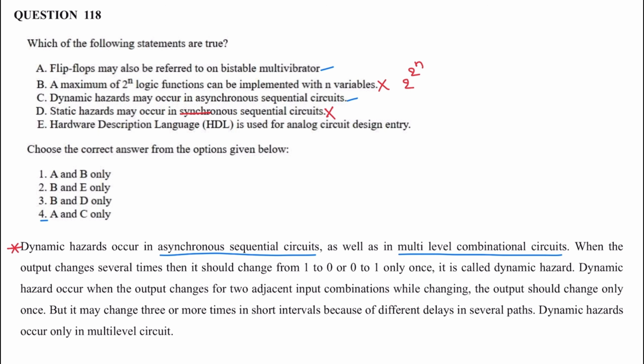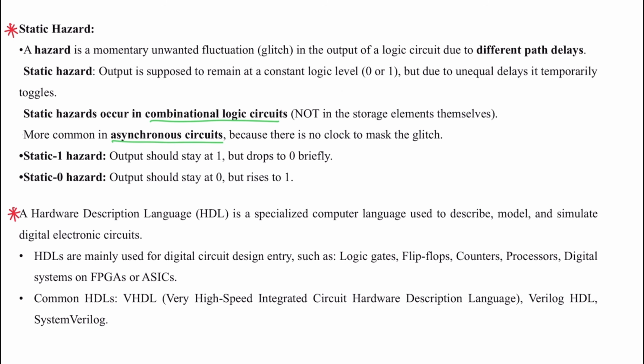Statement E. Hardware description language HDL is used for analog circuit design entry. It is incorrect. HDL is used for digital circuits. This hardware description language is a specialized computer language used to describe, model, and simulate digital electronic circuits.